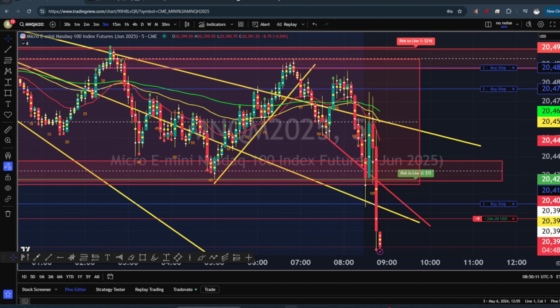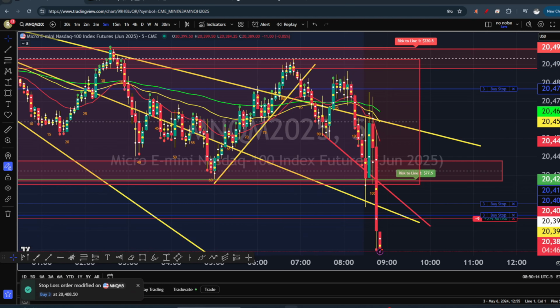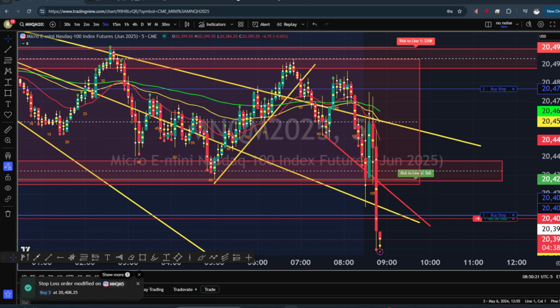Selling pressure is in here. Might come up and take me out of this. But we're at break even on these, so all this momentum down, probably going to get a second leg.